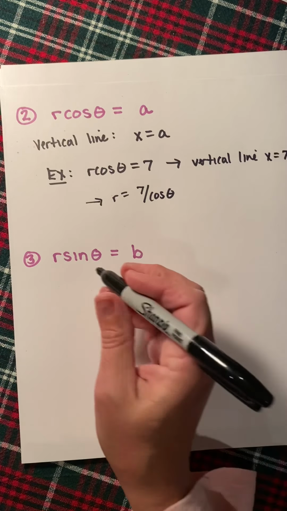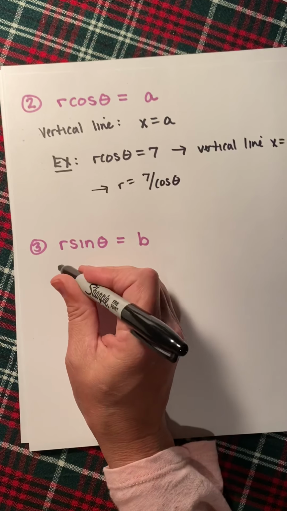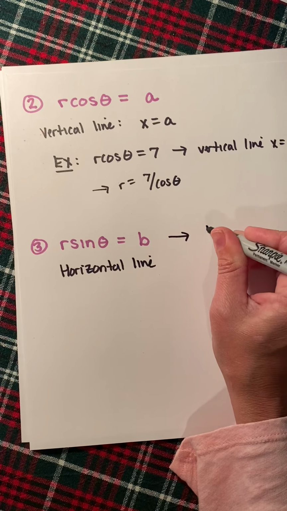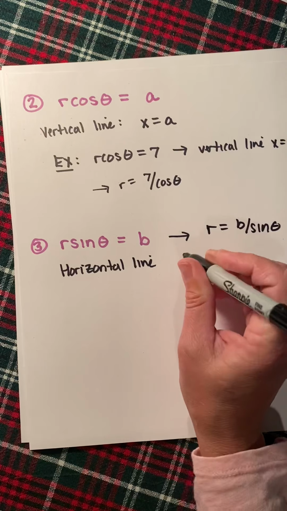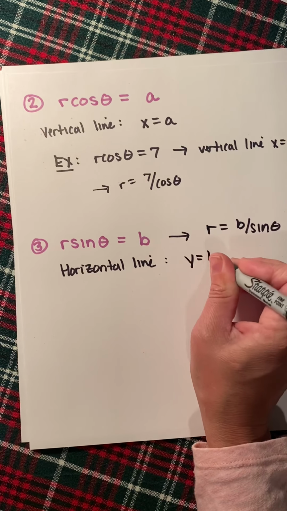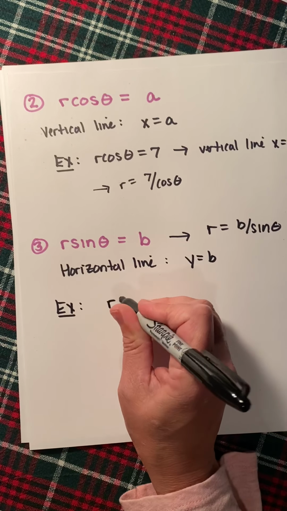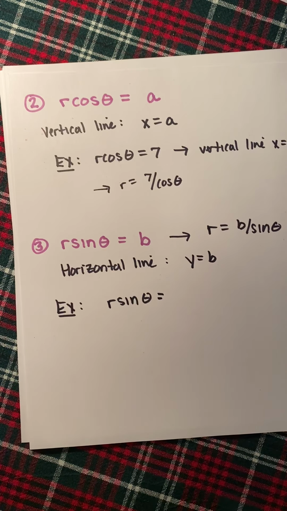Coolness. All right, this r sine theta equals a number is going to give us the horizontal line y equals b. Now remember, you can always look at it as r is equal to b over the sine of theta. Horizontal line, y equals b. So for example, if we had r sine theta, now remember your variables are r or theta when you're in the polar world.